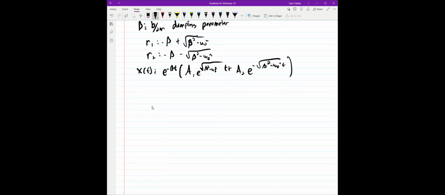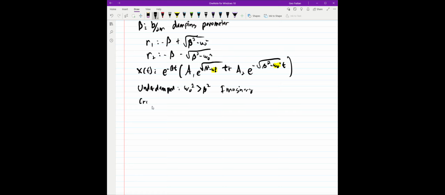I need to make that clear. The t is outside the square root. Same here. So if omega naught squared is greater than beta squared, the root is imaginary. In other words, we have an underdamped region. You'll see why it's underdamped. It's when omega naught squared is greater than beta squared, because then it's imaginary.